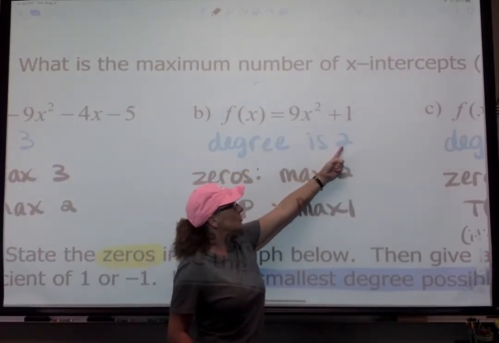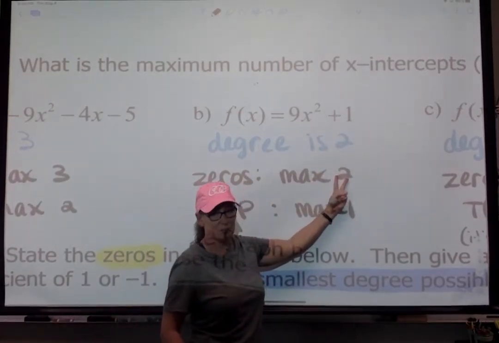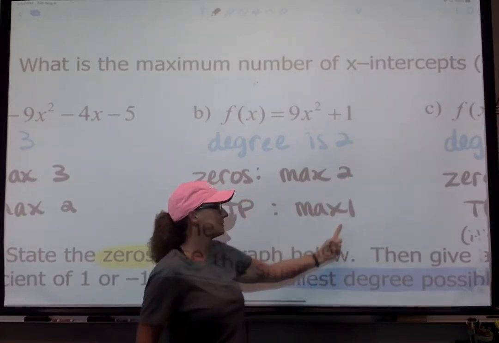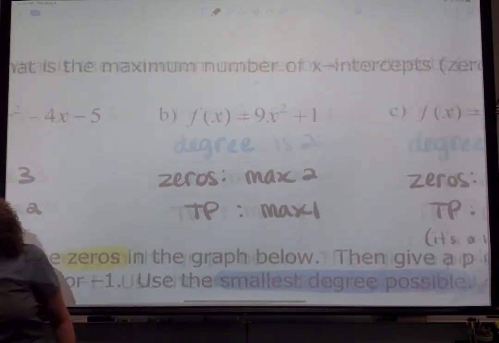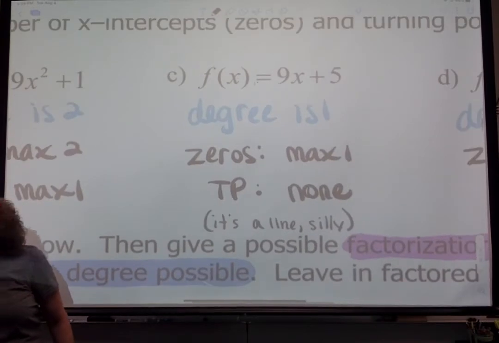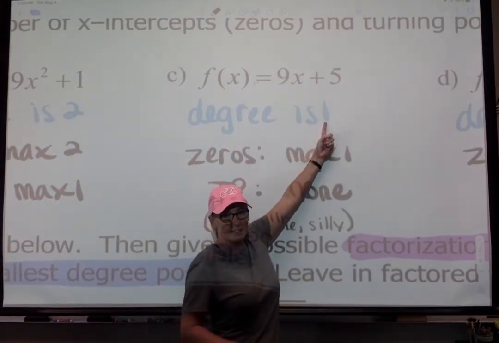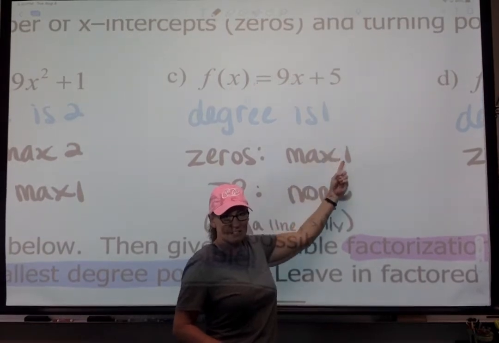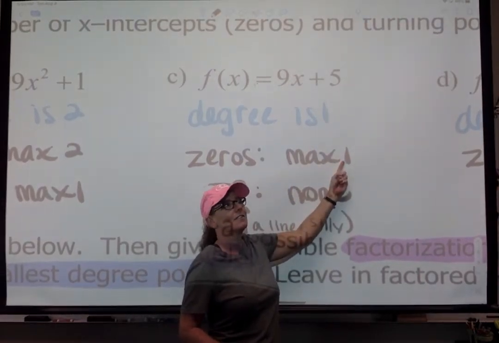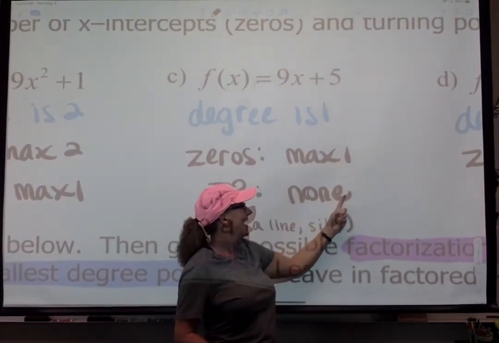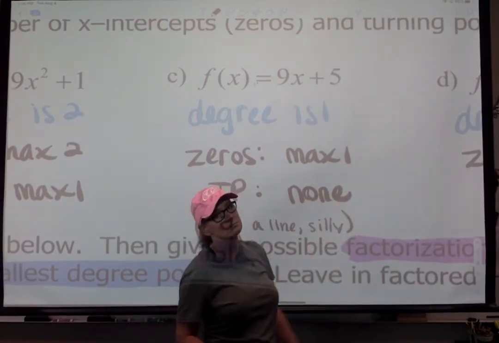Quadratic, the degree is 2. It can cross the x-axis twice. It can only turn once. Linear, the degree is 1. How many times can it cross the x-axis? Once. How many times can it turn?